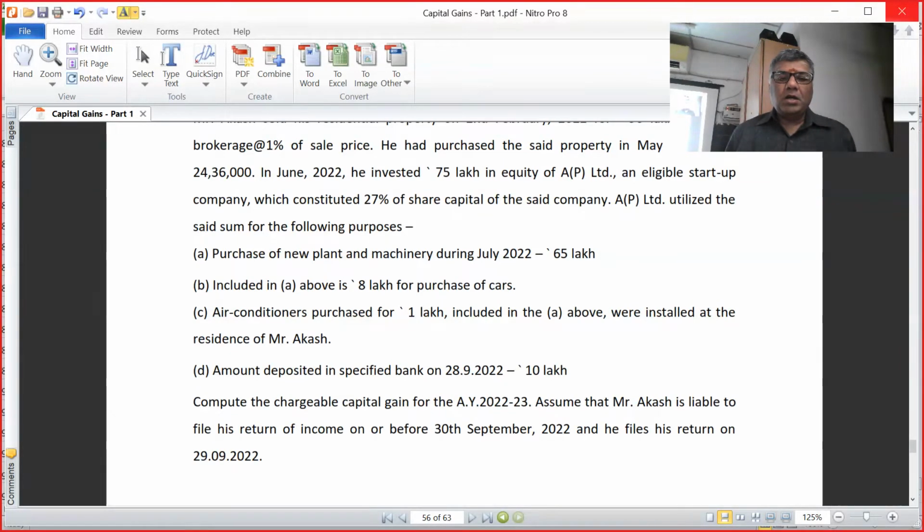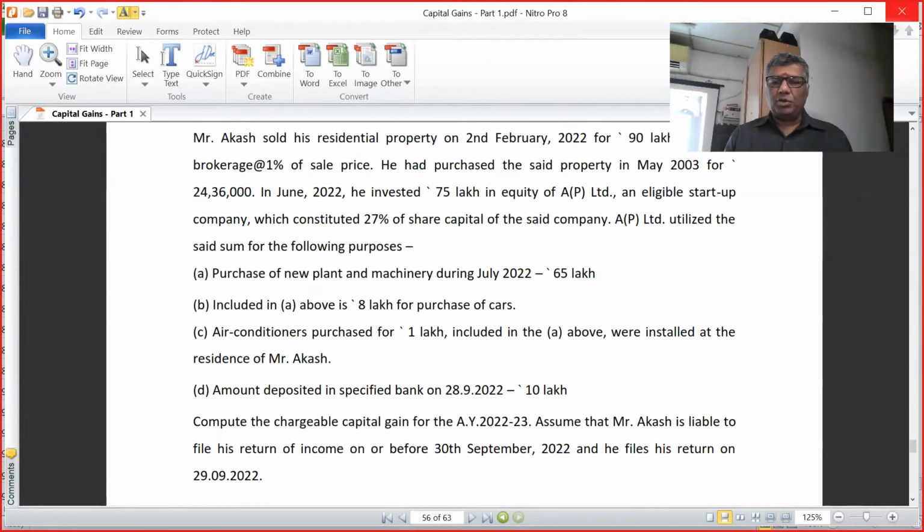Compute the capital gains. Assume that Akash is liable to file his return on 30th September. That was when the question appeared. Now it is 31st October, okay. And he files it before the due date.